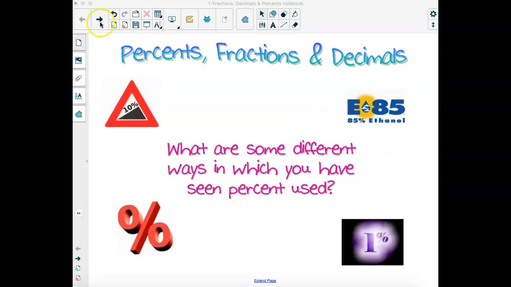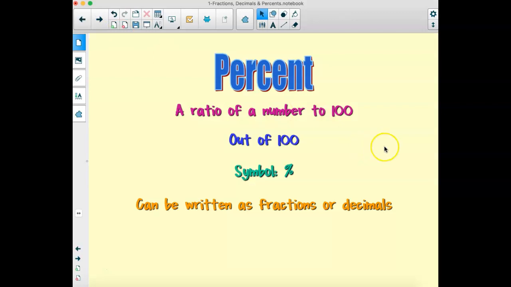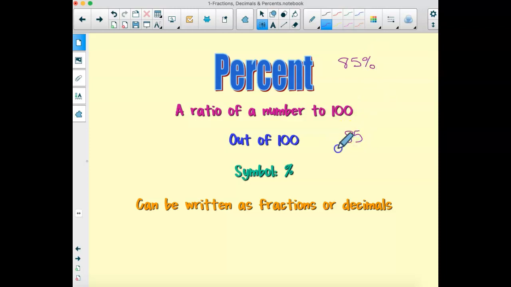So in your notes packet, you will see that the next slide says a percent is a ratio of a number to 100. Okay, remember a ratio is just a fraction. So when you see a number like 85%, that just means that it's 85 out of 100.